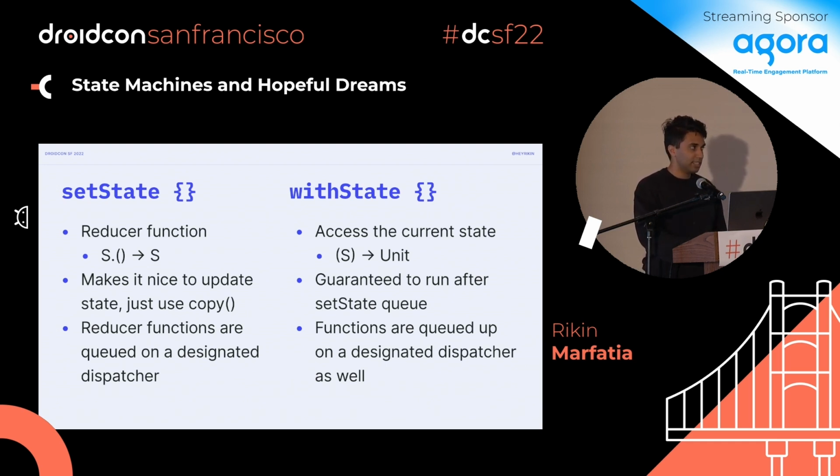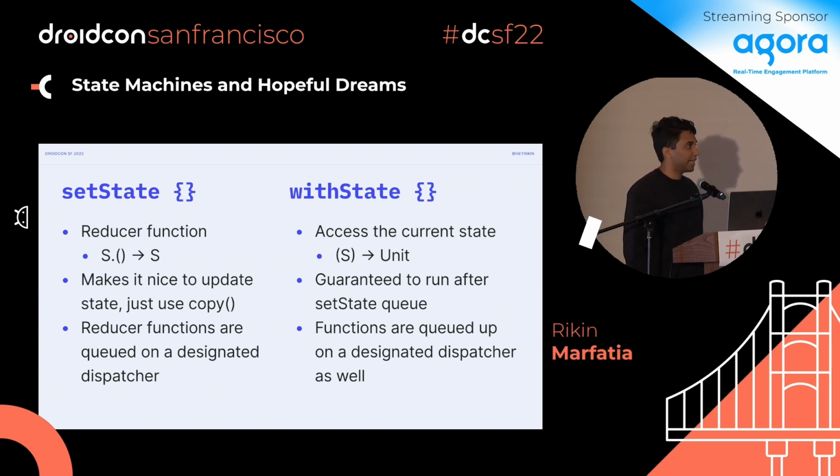And one other thing to note is that these reducer functions are actually queued on a designated coroutine dispatcher. So they won't necessarily happen synchronously. If I call setState and then immediately try to access that state, it might not be the updated value, which is at least I think why we also have this withState function, which gives you a lambda that takes the current state as a parameter.